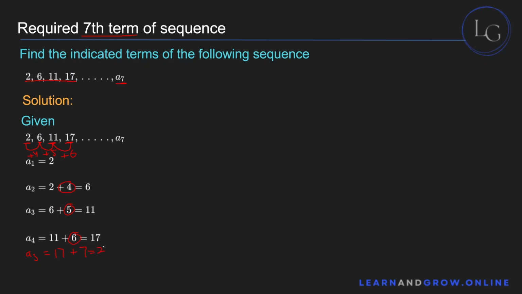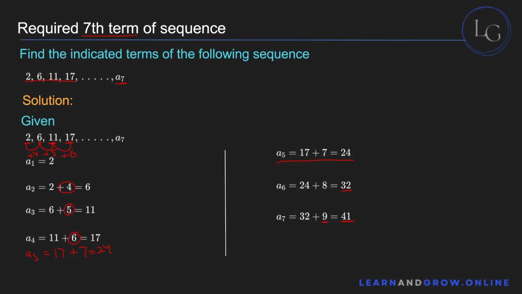And that would be equal to 24. Now, A6 would be 24 plus 8, and A7 would be 32 plus 9, which will be equal to 41. And that is how we found the seventh term of the sequence.